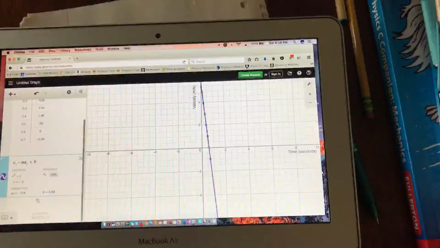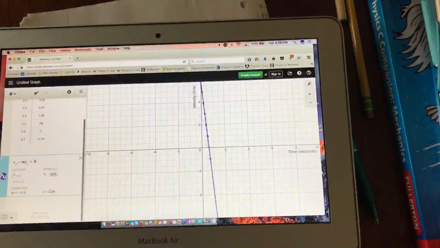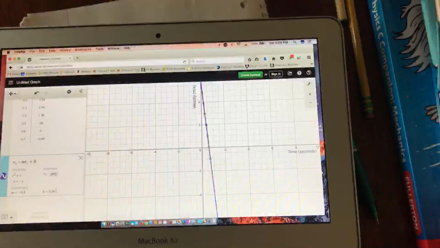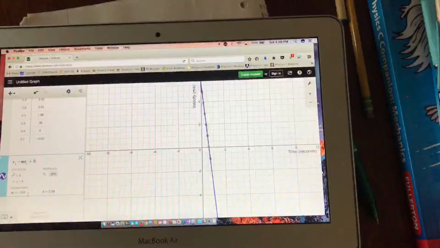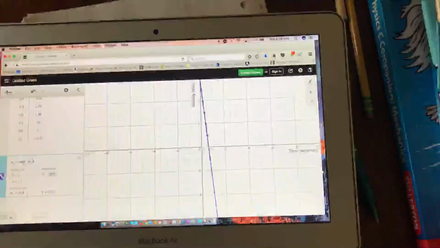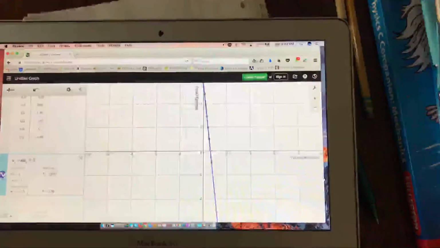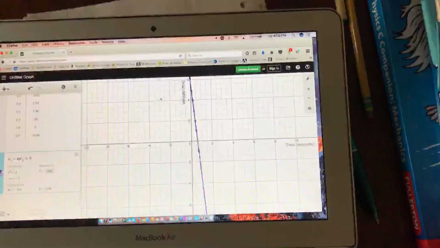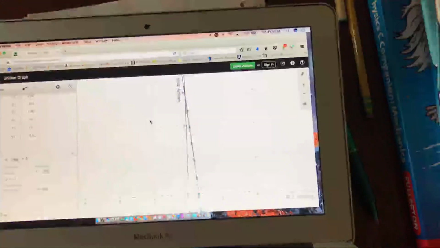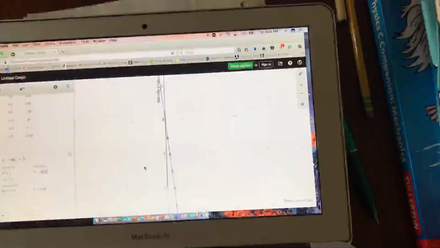And then it tells me that b is 5.88. But what I'm really looking for is the slope of this line, which is negative 9.8. What? That's gravity. So that is a pretty cool thing to see. So this graph would be a great answer for this question. Okay.